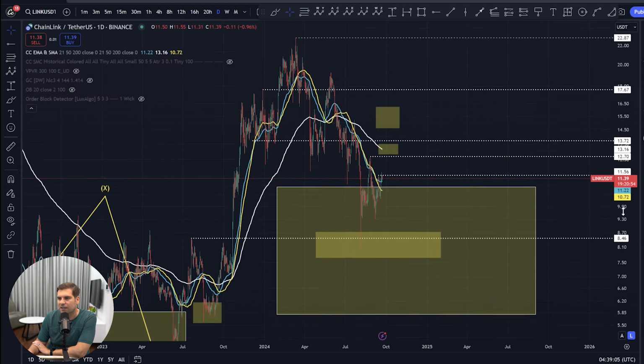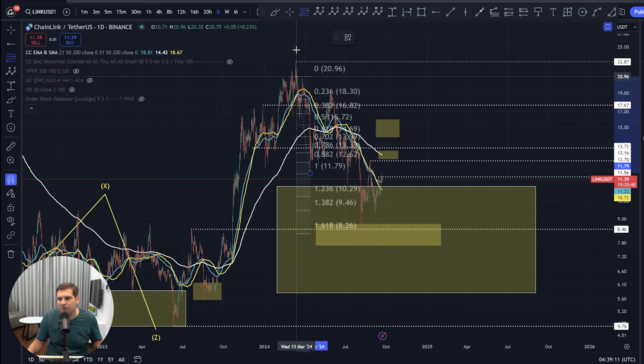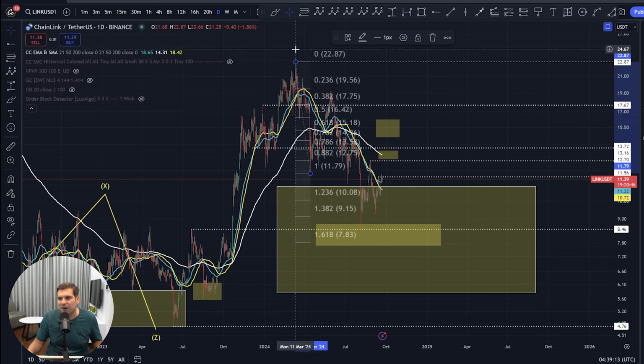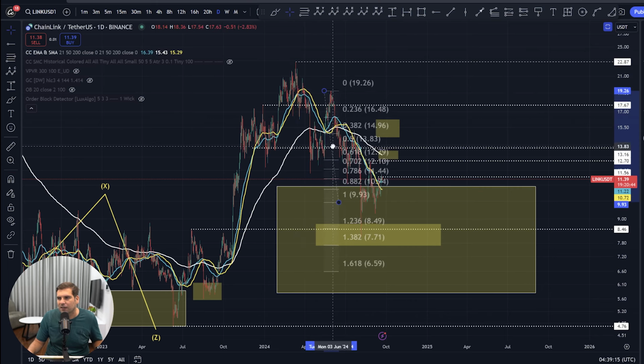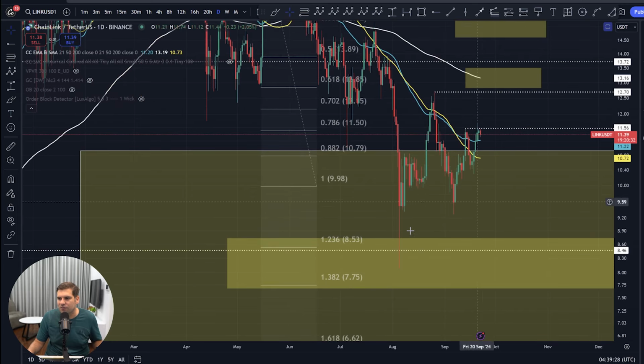Taking a look at our structure here, although we're getting a bit of a relief rally, the worst is not yet over, and we could see even better prices for Chainlink. We have come down deeper than the 1.236, heading towards the 1.382. In terms of Fibonacci levels, this is really important.